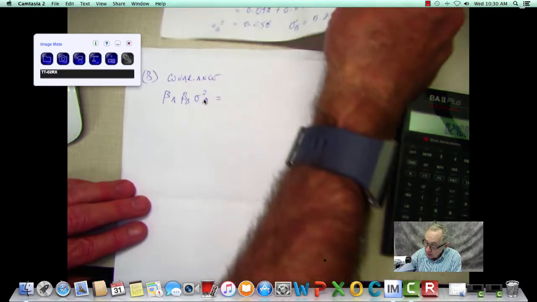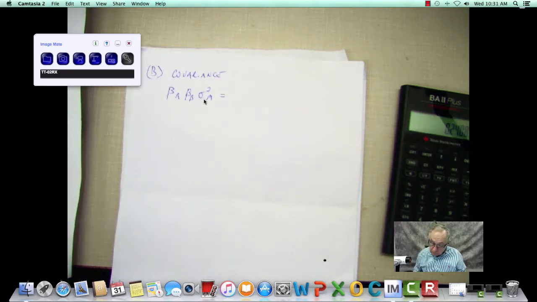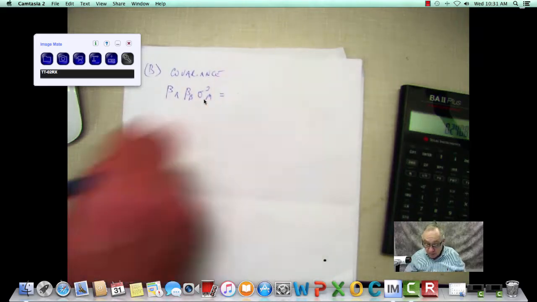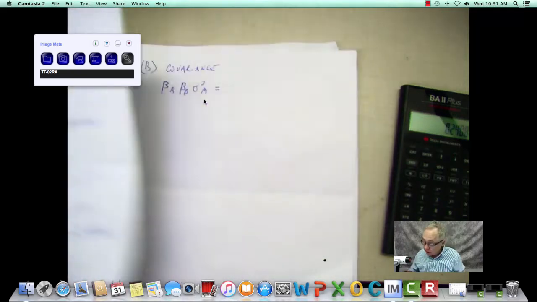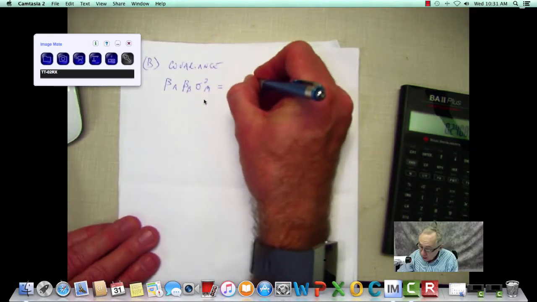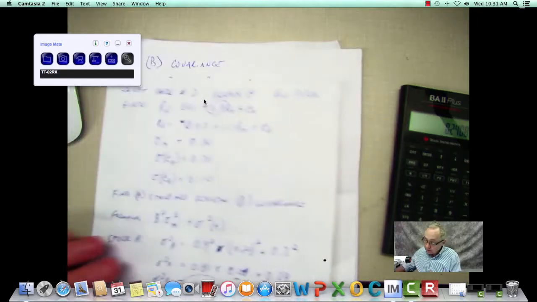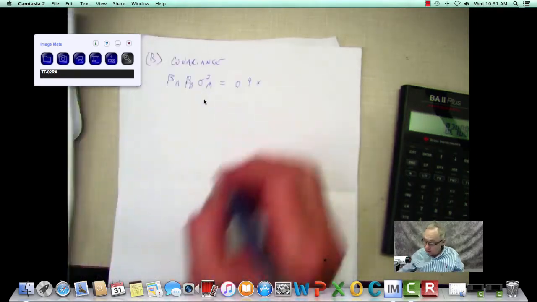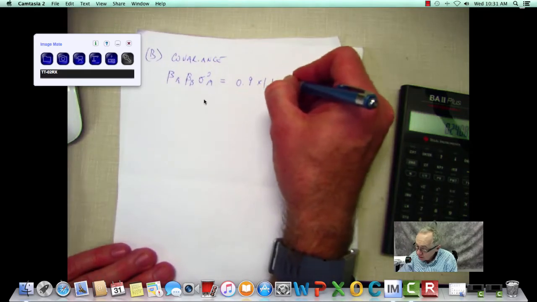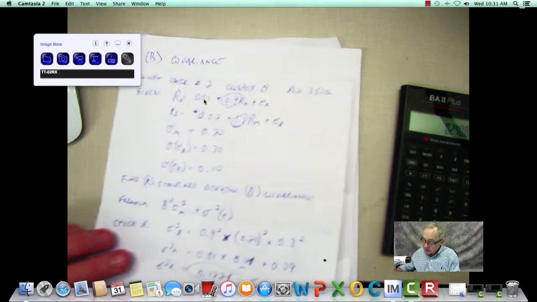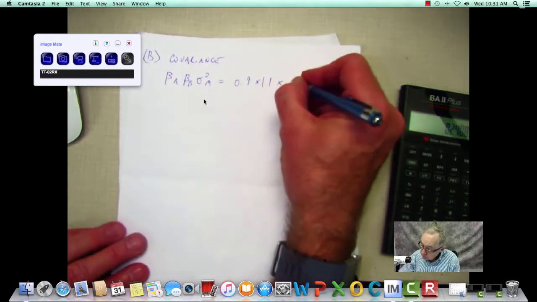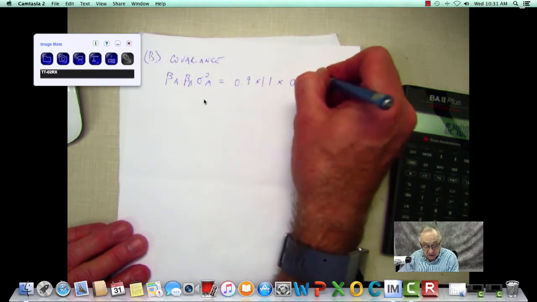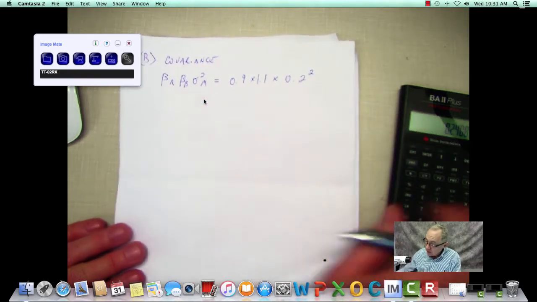And from this, beta on stock A is 0.9, which comes from the information given. Beta on stock B is 1.1. Again, given this, the standard deviation of the market is 0.2, and remember that it is squared.